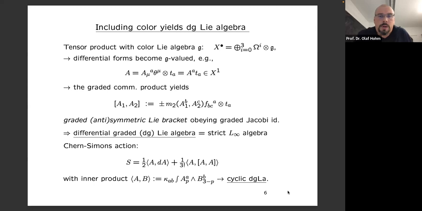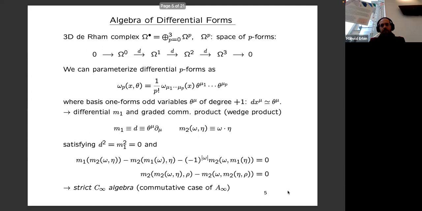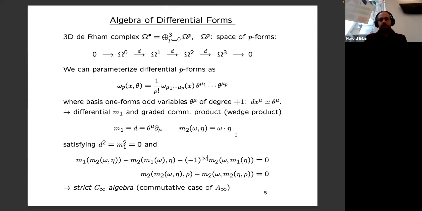Okay, any questions so far? Olaf, just a small question. So in the previous slide, when you write M2, it's defined as a contraction of omega and eta. Omega and eta can be any P form. Yeah. Okay. So it's not just one form here. It's any P form.